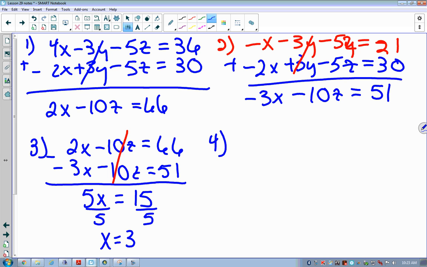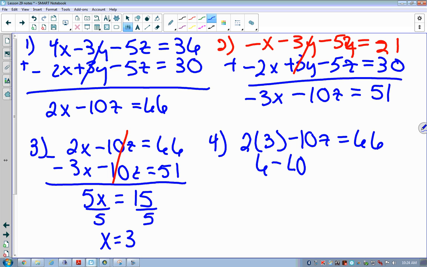Okay, now step 4 is I'm going to go back into either one of the two equations that I used in step 3 to solve for variable z. So let's just pick the first one. We're substituting in 3 for x: 2 times 3 minus 10z equals 66. 2 times 3 is 6, minus 10z equals 66.